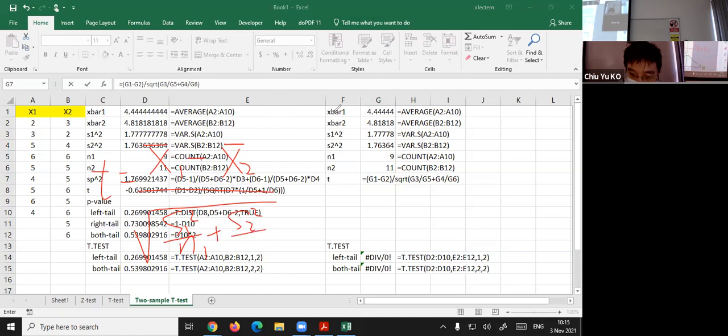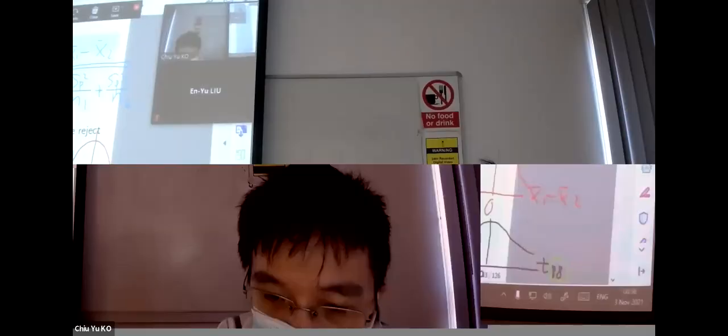Sorry, I should write it in white space, but this is the formula. So that's how you get the T.